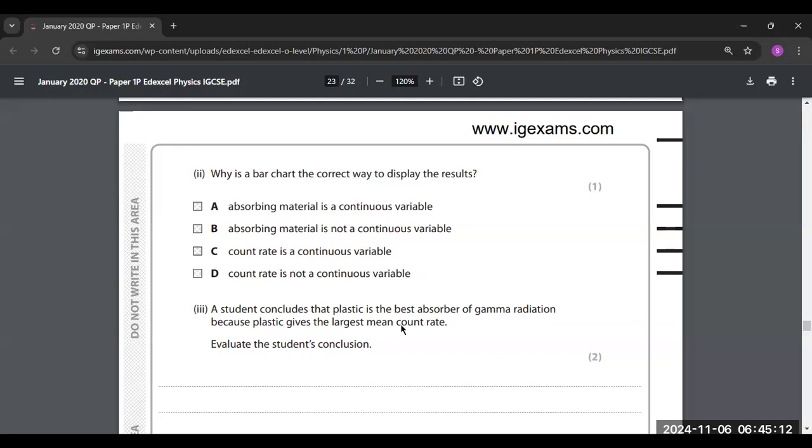When we talk about our variables, Shreya, I don't know if I've done this with you or not.